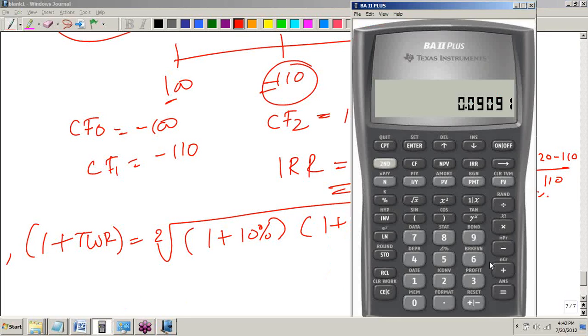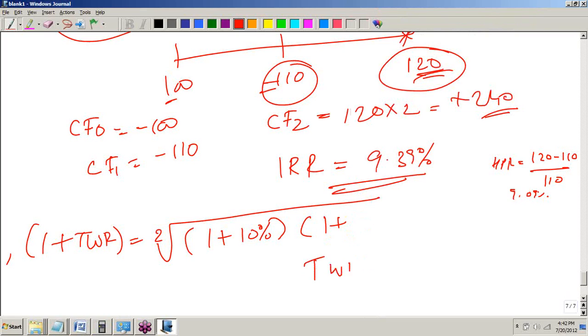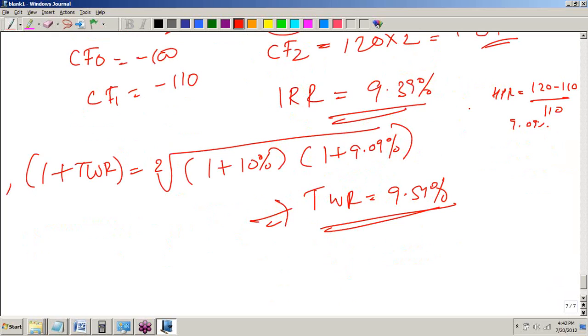So just add 1 over here, multiply with 1.1, take the root, minus 1 and multiply by 100. So you get 9.54. So your time weighted return is 9.54%. Now which is more?